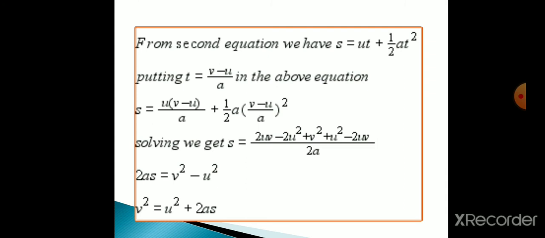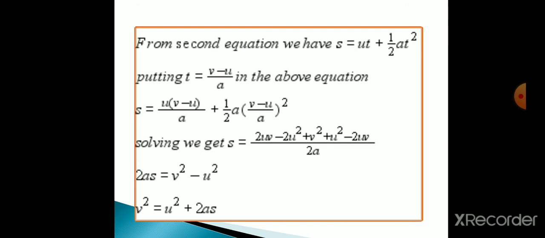From the second equation of motion, we have s is equivalent to ut plus half at square. Putting t is equivalent to v minus u by a in the above equation, we get s is equivalent to u into v minus u by a plus half a into v minus u by a the whole square.